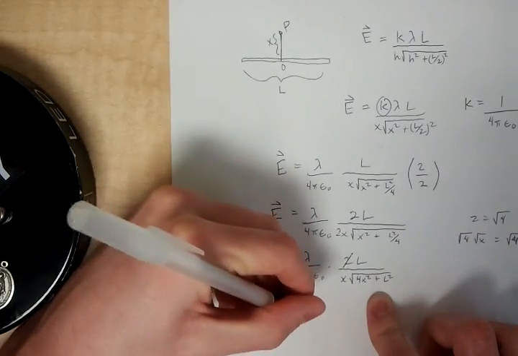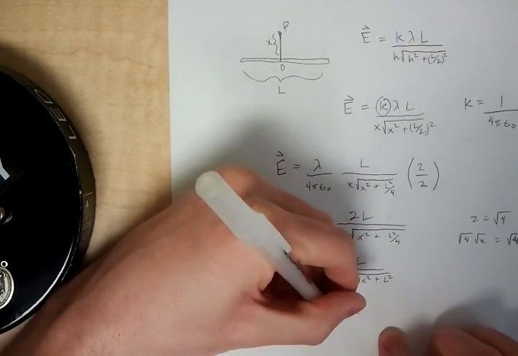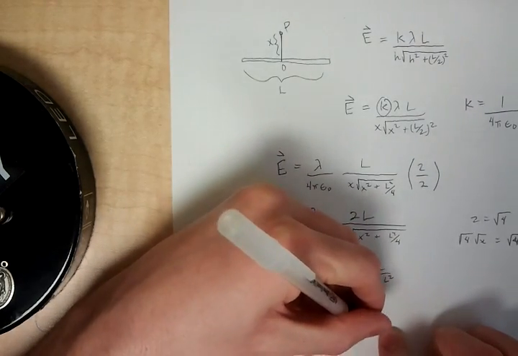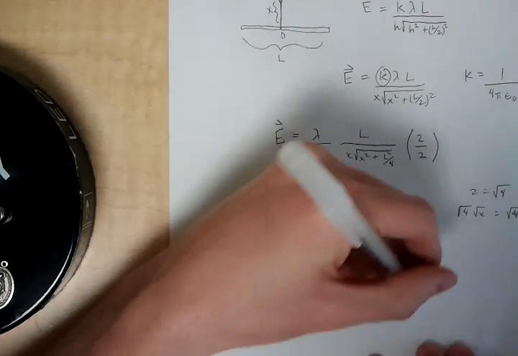And we can rewrite that here: 2 pi epsilon naught, L over x, square root of 4x squared plus L squared. Check.